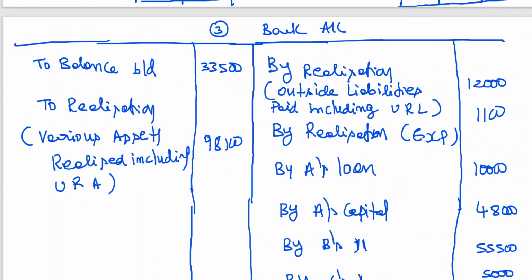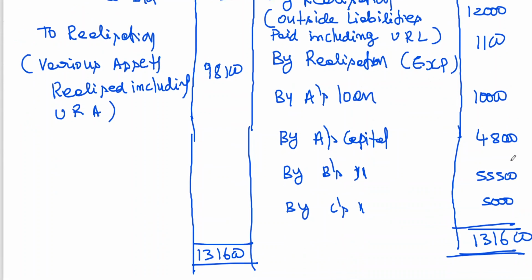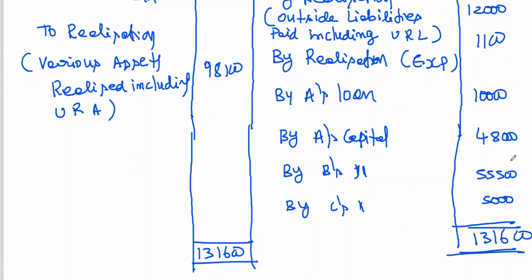Let us cross check. 1,31,600 minus 12,000 minus 1,100 minus 10,000 minus 48,000 minus 55,500 minus 5,000, 0. That's it. So the bank account has been closed.